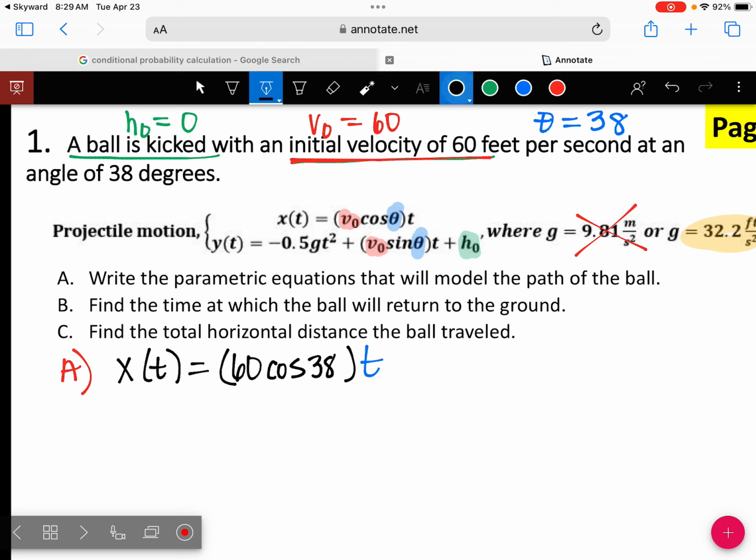So now let's write our vertical parameter, y of t. Right here, do you notice how it says negative 0.5 times g? Pick up your calculator and figure out what is negative 0.5 times 32.2. I like to just figure out what that number is.